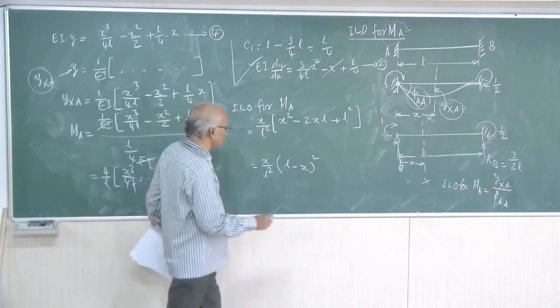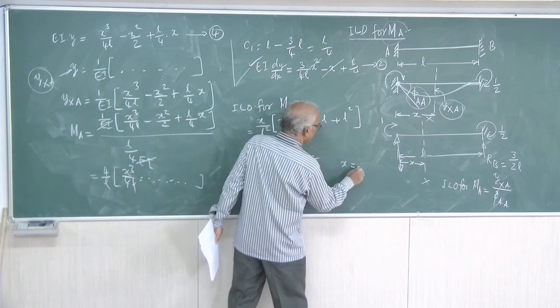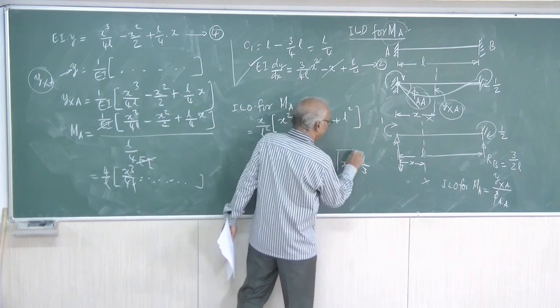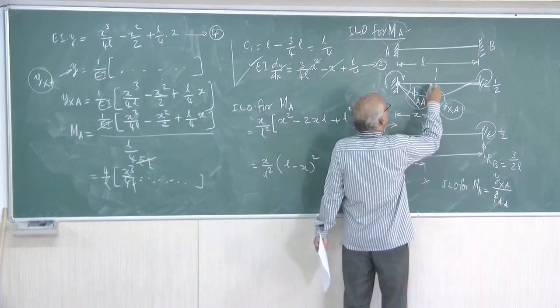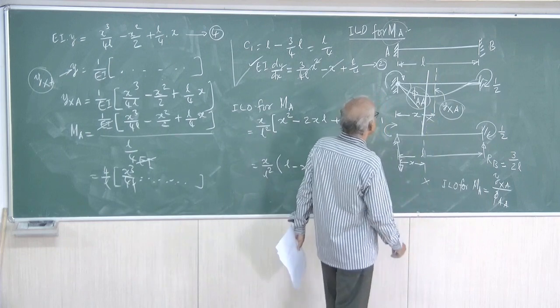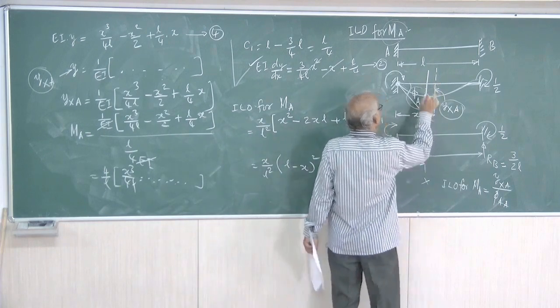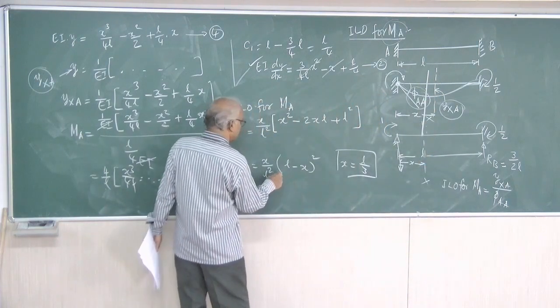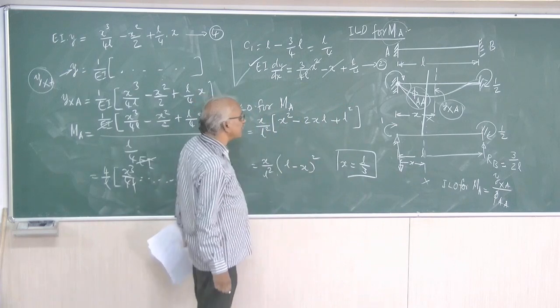That means at x equal to L by 3, the ordinate will be maximum. Substituting x equal to L by 3 in this equation, we will get the maximum ordinate.